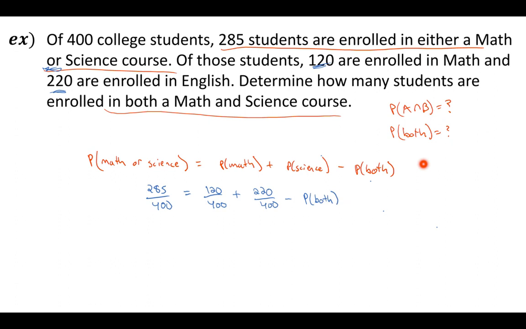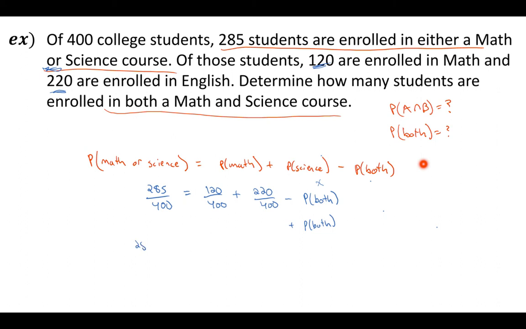So we're just going to look at this as an algebraic equation. You could even call this x if you wanted to. That's what we're solving for. Basically, we just need to rearrange this a bit. I don't really like negatives with my variables, so I'm just going to add the probability of both over to this side.